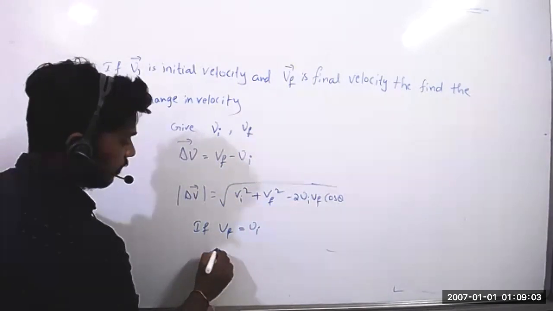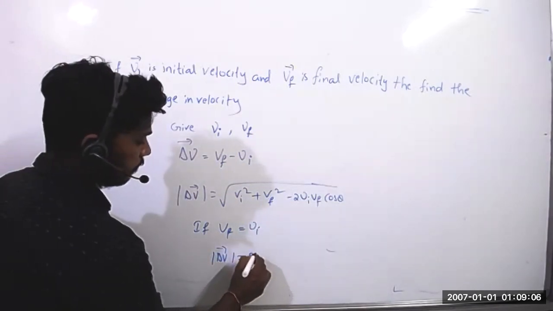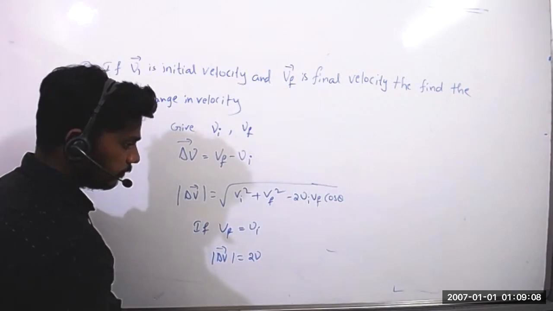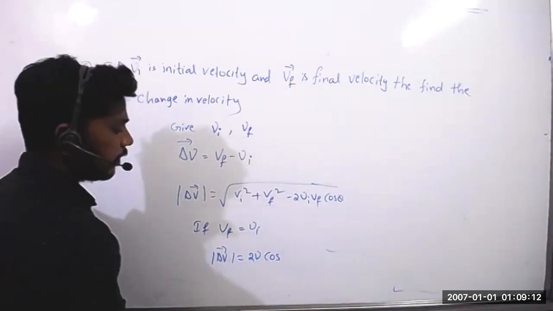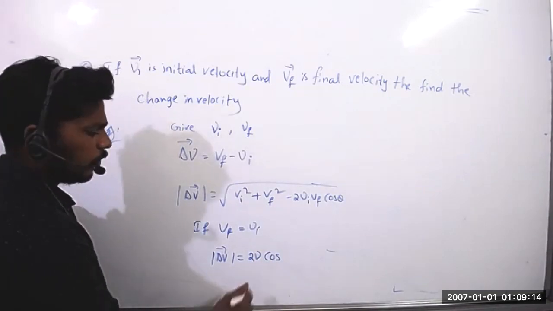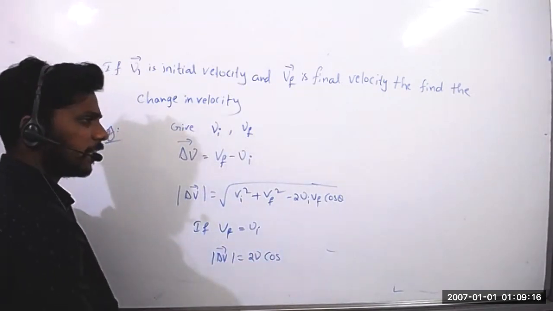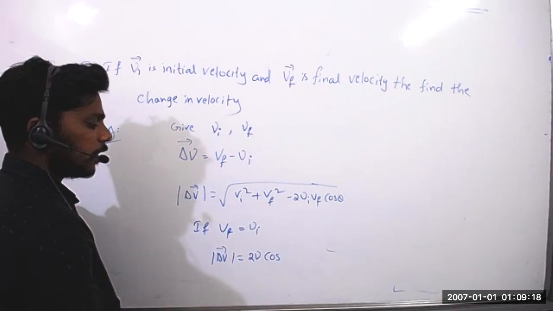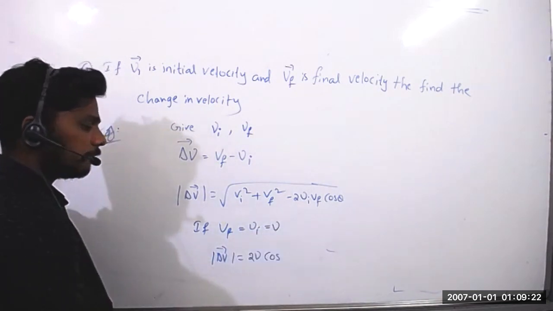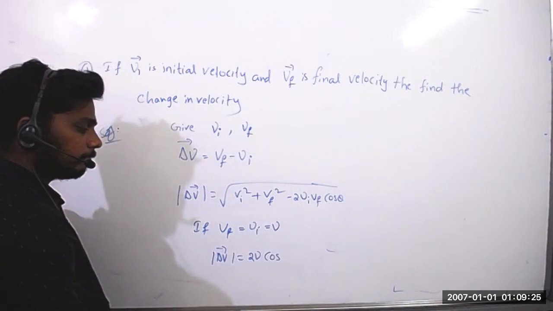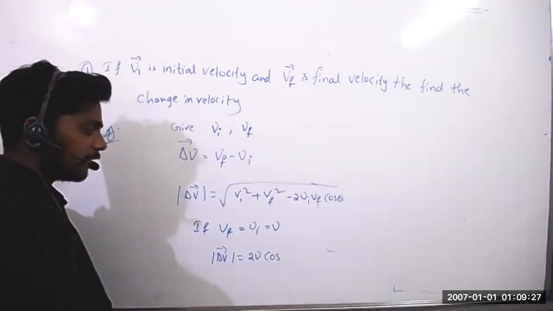So it will be 2 Vi squared times 1 minus cos theta. I've written Vi equal to Vf equal to V. Understand? Yes, sir.